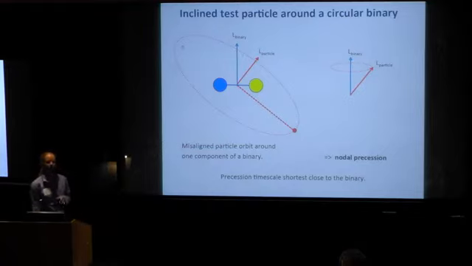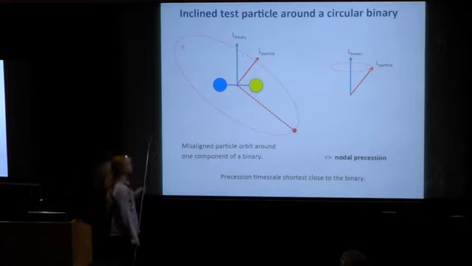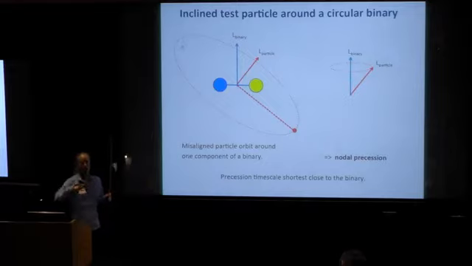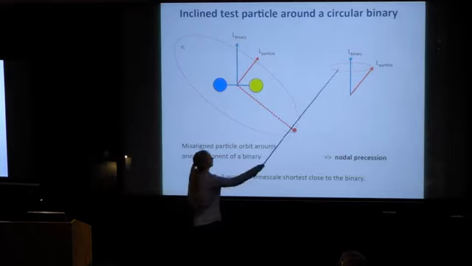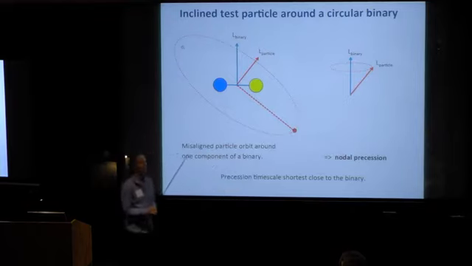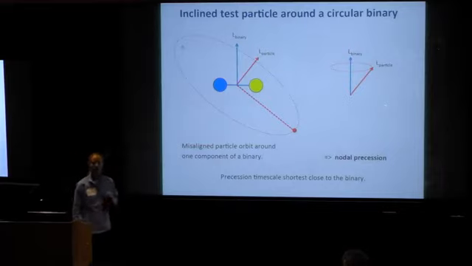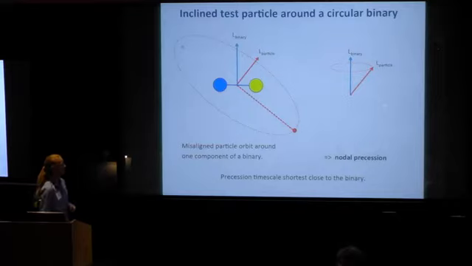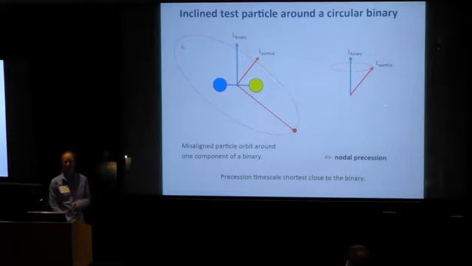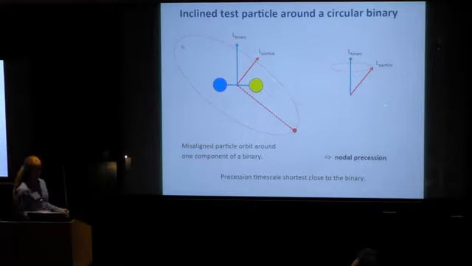Because of the misalignment, we get nodal precession. So the plane of the orbit of the test particle precesses about the angular momentum vector of the binary. And during this process, the inclination remains constant in time. But the timescale for this precession depends upon how close you are to the binary. So the closer you are, the faster the precession rate is going to be in this test particle case.